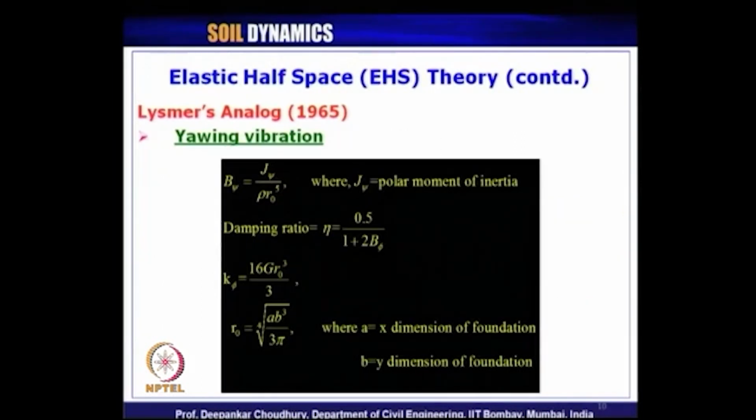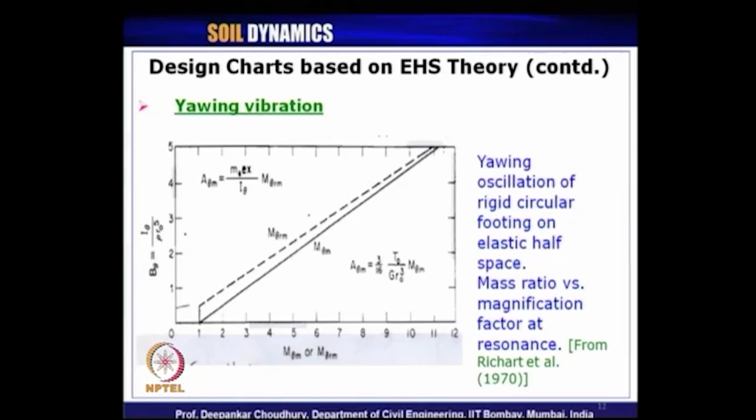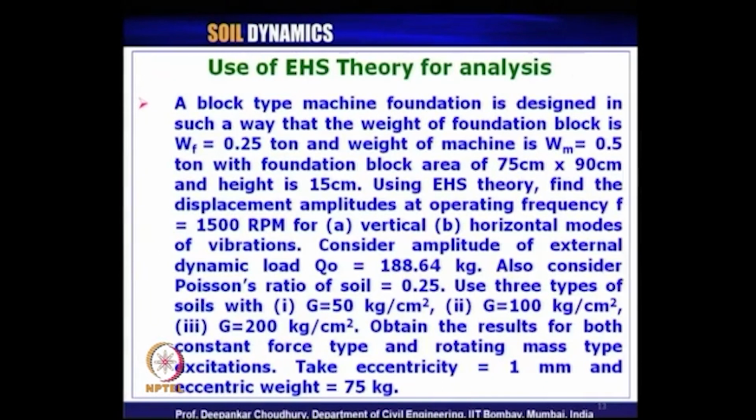Then for yawing or torsional mode of vibration, using Lysmer's analog, the expressions for modified mass ratio, damping ratio and the stiffness were mentioned. Then the design charts we had discussed for different types of excitation, constant force type or rotating mass type, and how to obtain the frequency at resonance and the displacement amplitude at resonance.